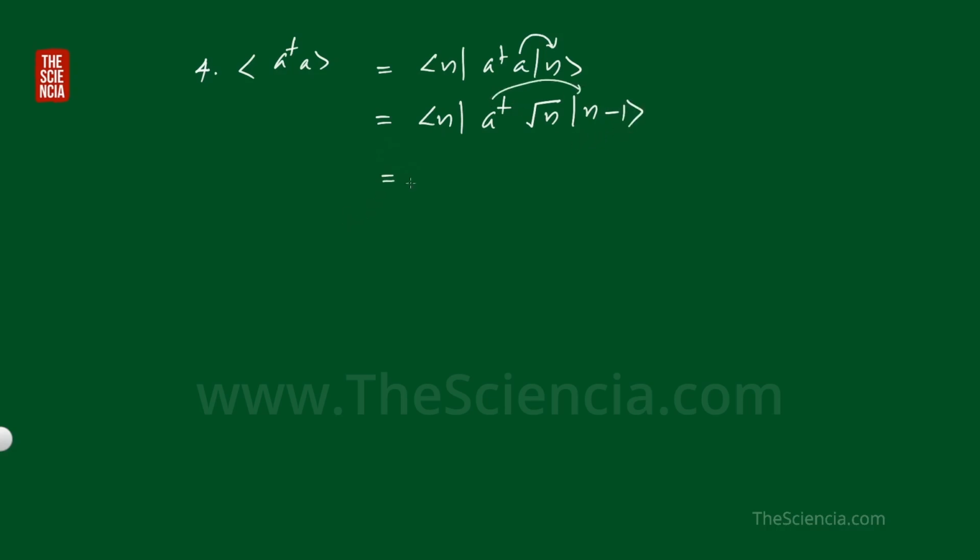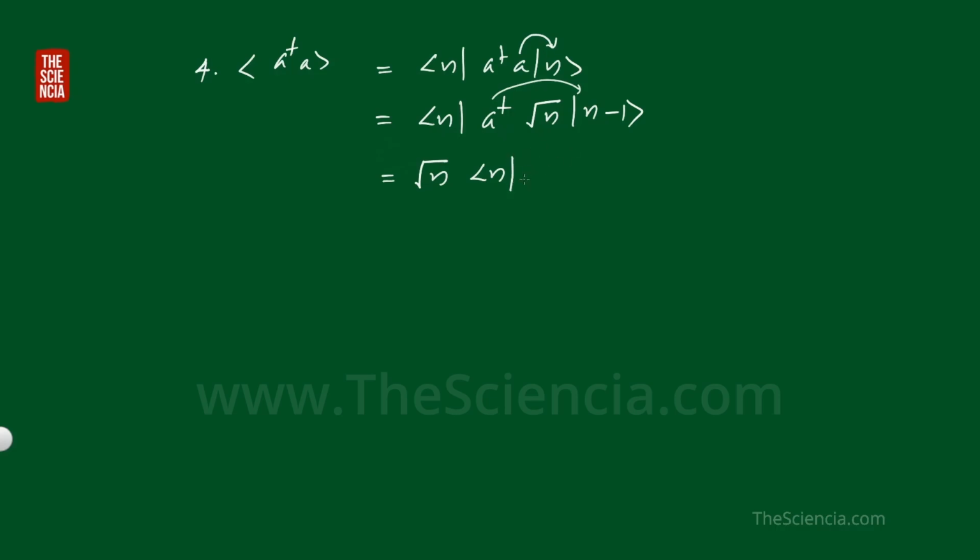Fourth one, the expectation value of a†a. This is equal to ⟨n|a†a|n⟩. First the annihilation operator operates on |n⟩, so we get ⟨n|a†. When this operates on |n⟩, we get √n |n-1⟩. Now the a† operator operates on this one.